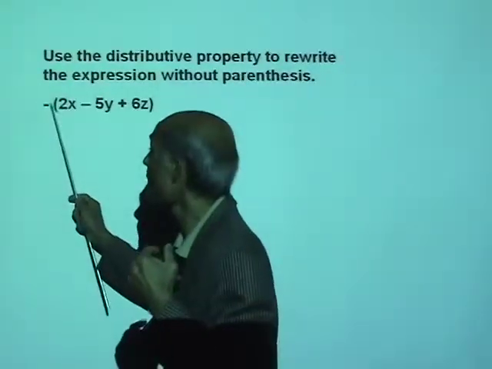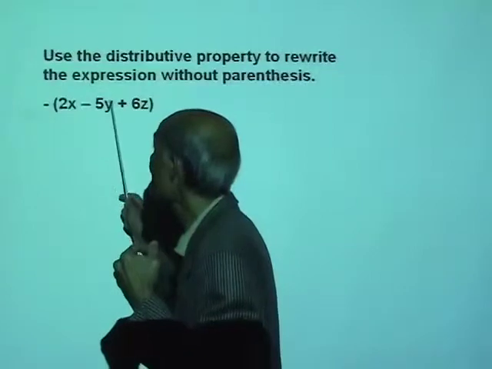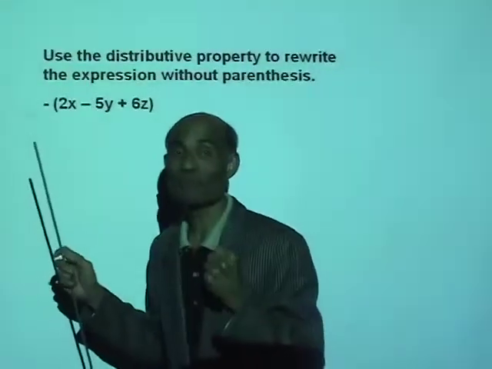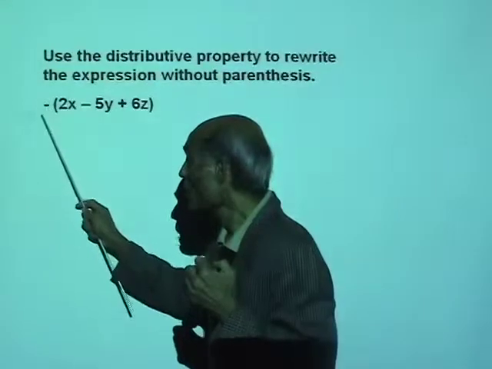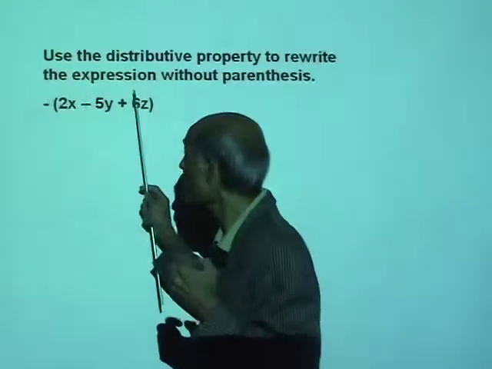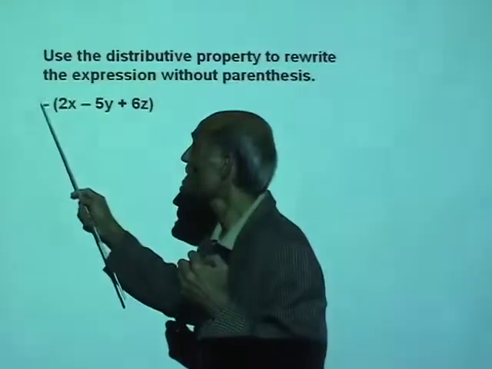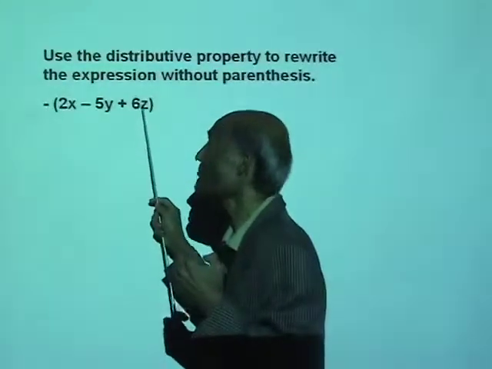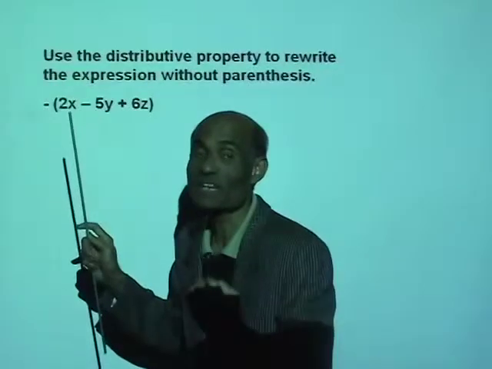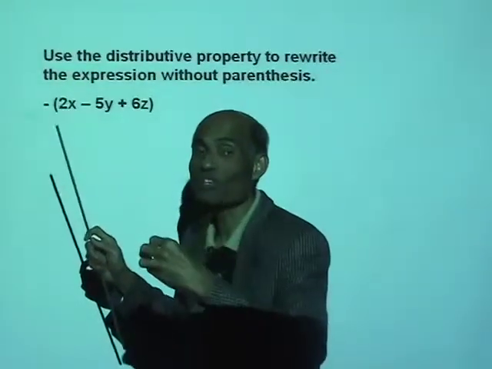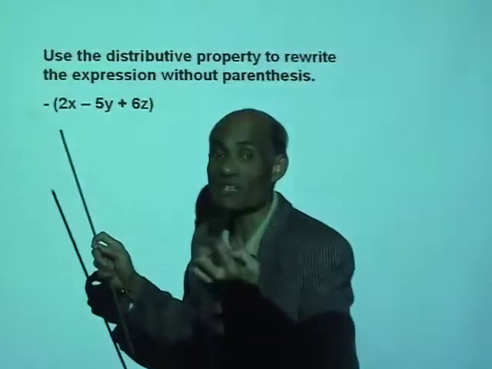So negative 1 multiplied by negative 5y will be a positive 5y. And then you have to multiply this negative 1 with this positive 6z. What is negative 1 multiplied by positive 6z? A negative multiplied by a positive will make it negative.